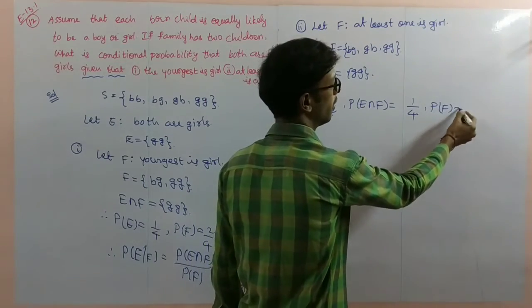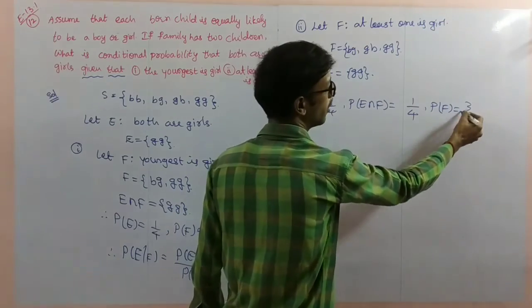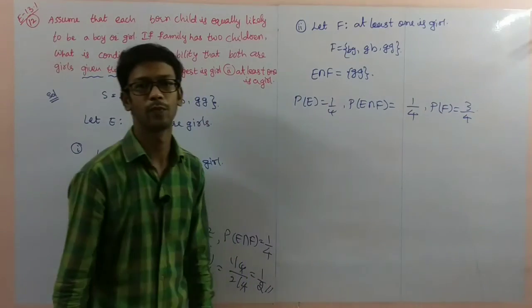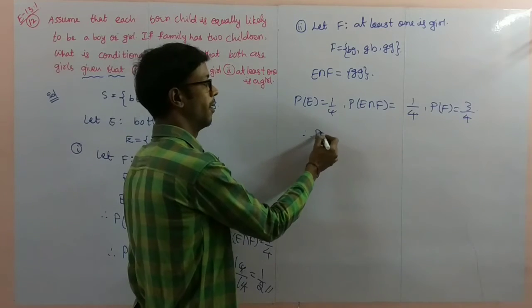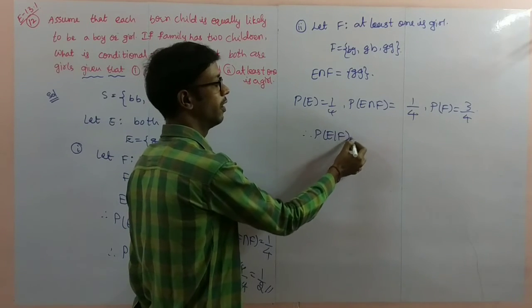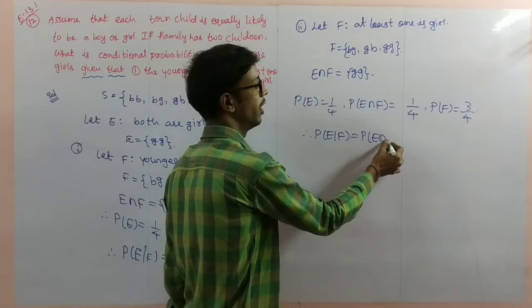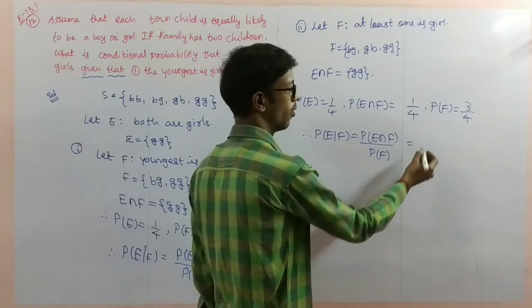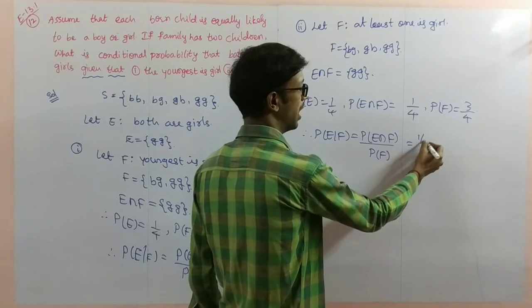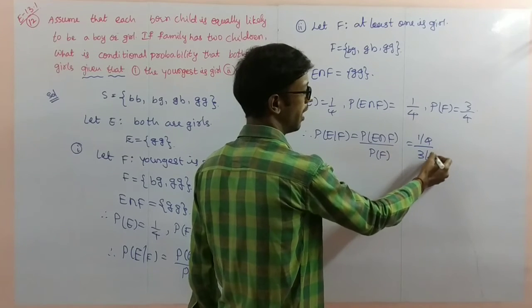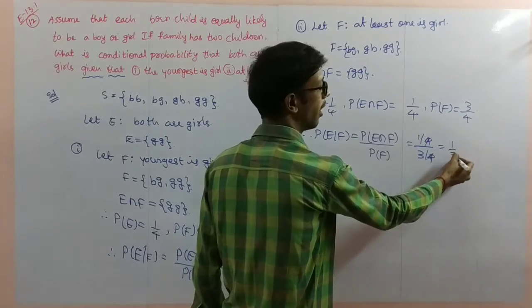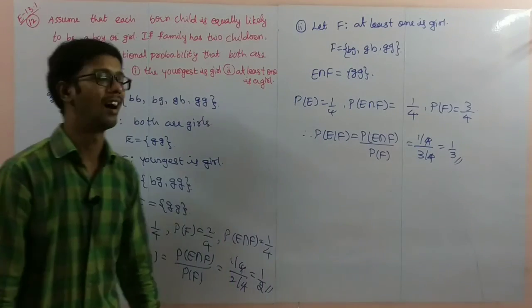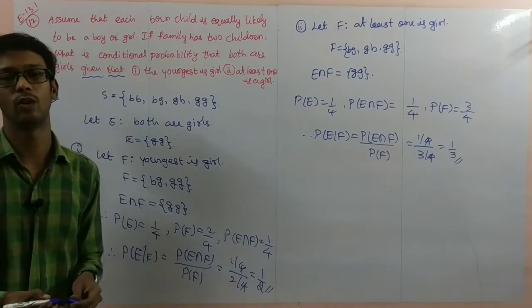Probability of F is 3 by 4. Now probability of E given F is equal to the formula P of E intersection F by P of F, that is 1 by 4 by 3 by 4. The 4 gets cancelled. 1 by 3 is the answer here. So pause the video to note it down.